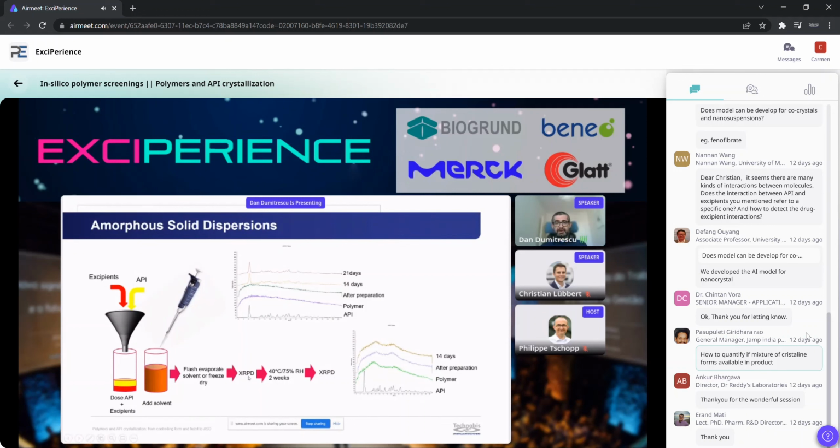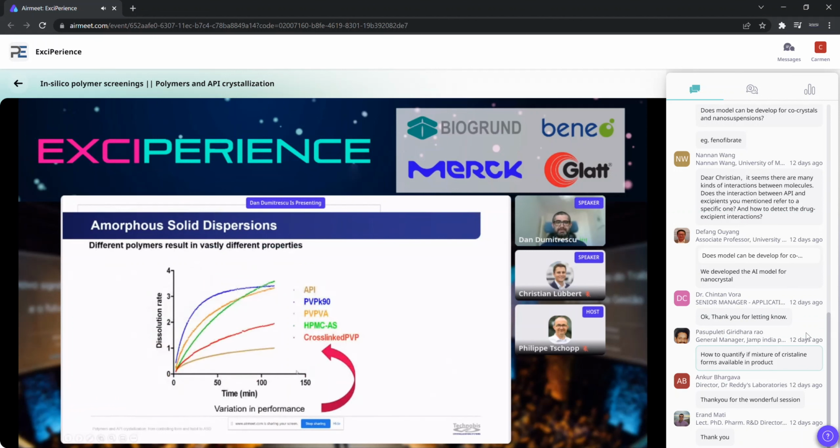Then you do an XRPD diffractogram, hope you end up with an amorphous material, do your accelerated storage conditions, and hope afterwards that you still have an amorphous material. Of course, the key here to have this step go as you want is to choose your polymer and your excipient correctly. And of course, different polymers result in vastly different properties.